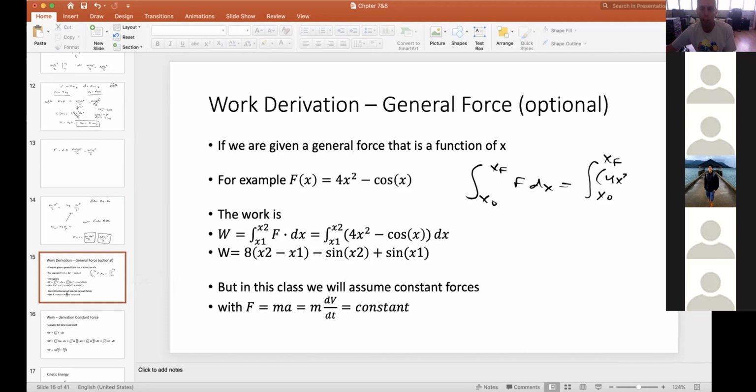Here it's 4x squared minus cos x dx. Doing this integral, kick that one up one and divide by the new. So this is 4/3 x to the third. Going up is what, sine? So minus sine, yeah.